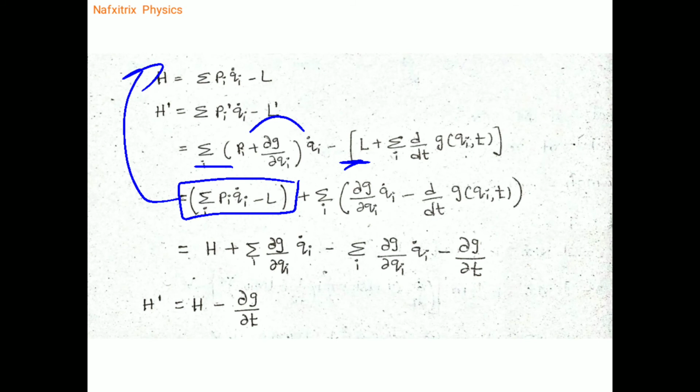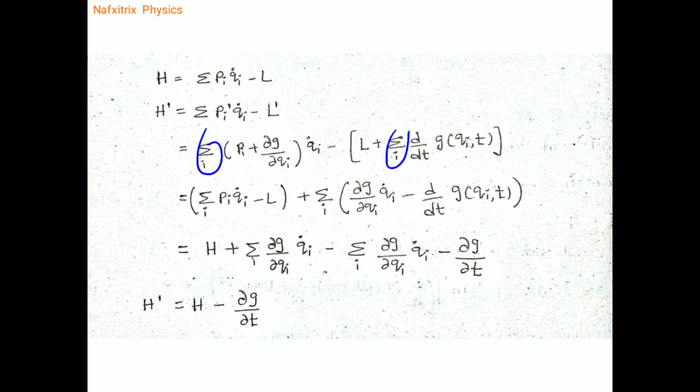So we are gathering them. From this we have the term summation ∂g/∂qi dot, and from here minus, into plus minus, d by dt of g(qi, t). The summation could be taken out as common, since we have summation here and here also. Next we expand this term.